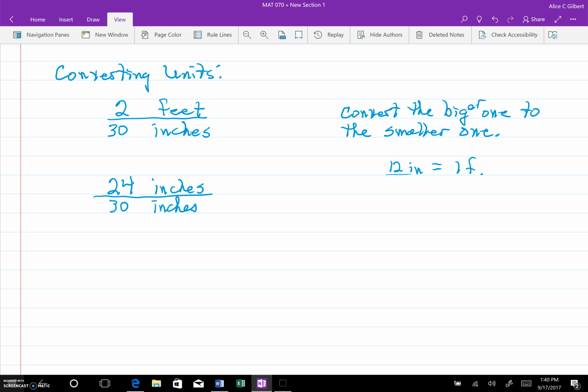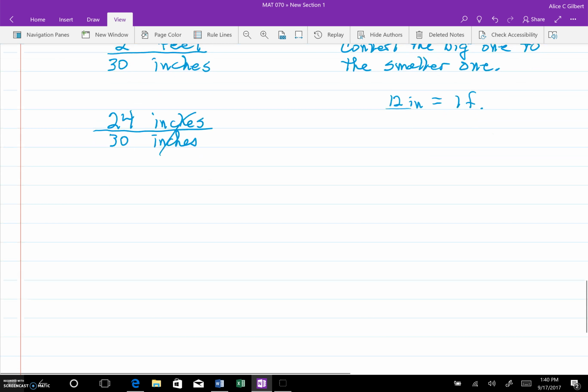Now I have both inches in my top and my bottom, so they go away. 6 can go into 24 4 times, and 6 can go into 30 5 times, and so we've got 4/5. And that's in lowest terms. That's about all there is really to ratios, guys.